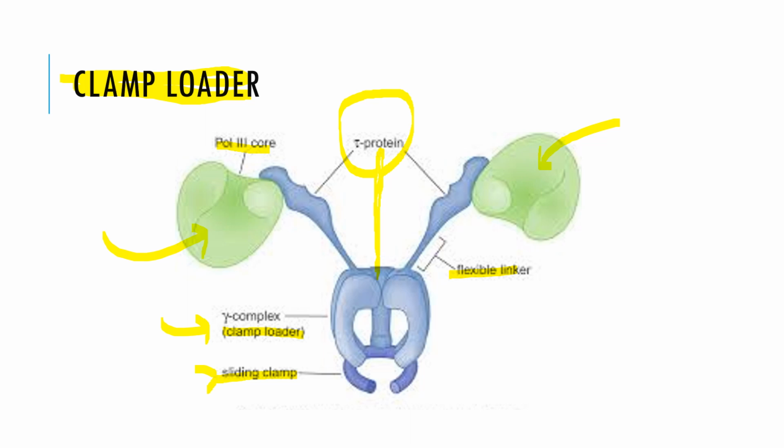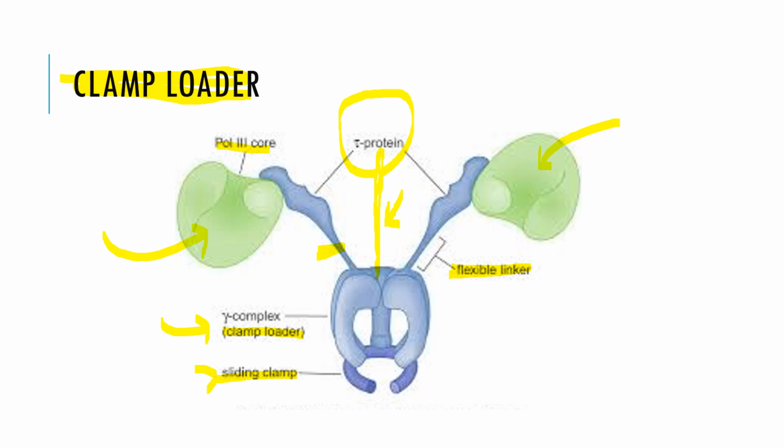Out of the 3 arms, 2 arms are flexible. So here this one arm and this arm, these 2 arms are flexible, whereas the one arm is not flexible. Why are 2 arms flexible and one arm not flexible?